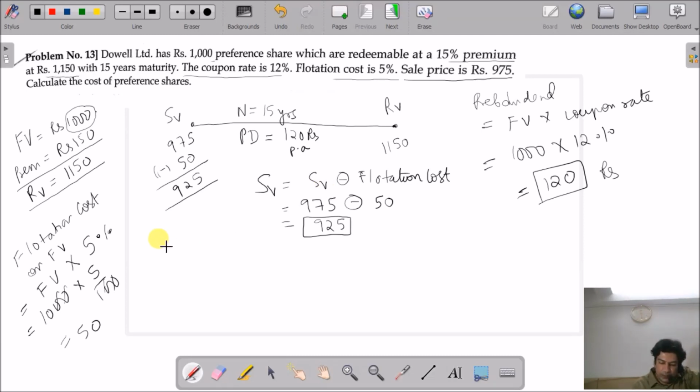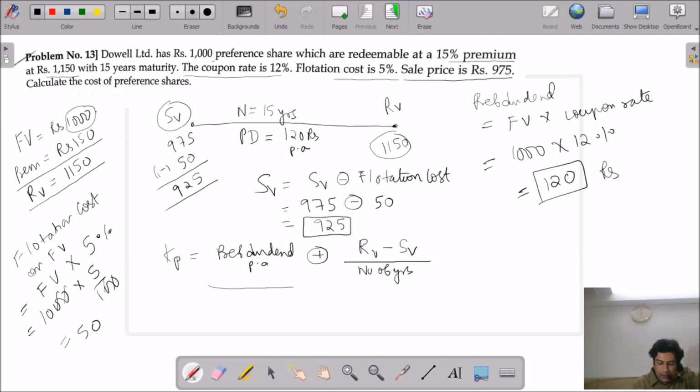So now we are going to find the cost of preference shares, which is nothing but preference dividend per annum plus redemption value minus the sale value, divide by the number of years, and in the denominator redemption value plus sale value divide by 2. So in the denominator we are going to consider the average capital, and this whole I am going to multiply by 100.